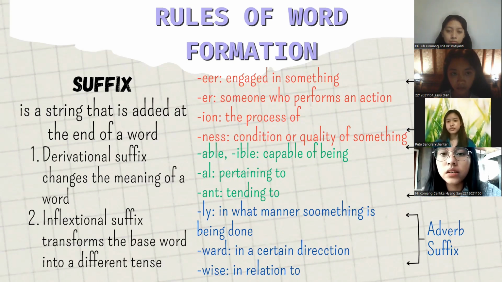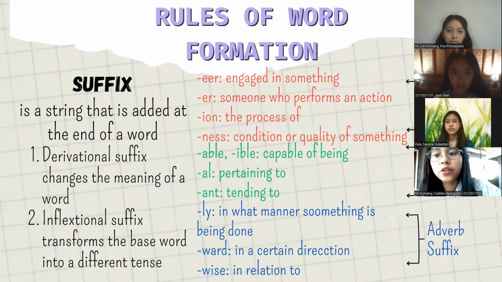Here is the example of common suffixes. The first one is er, engaged in something. Er, someone who performs an action. Ion, the process of. Ness, condition or quality of something.